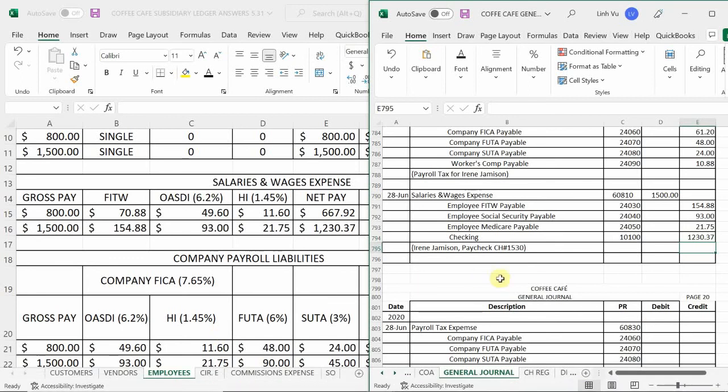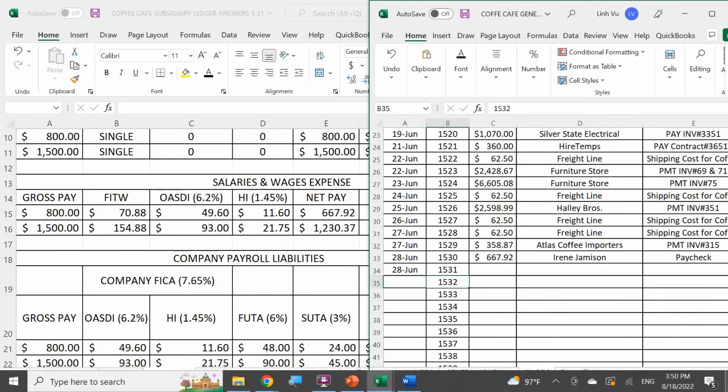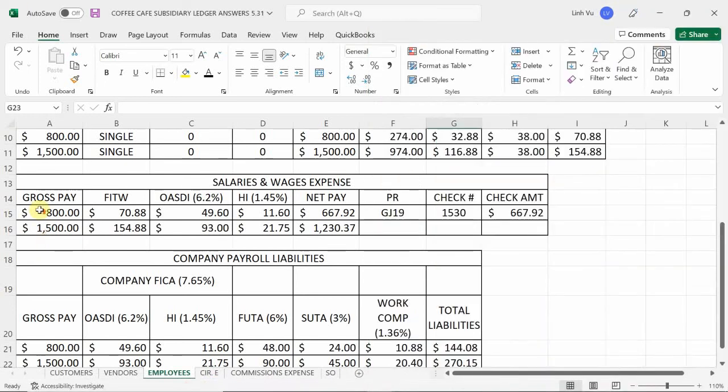Excellent. So we need to cut him a check. Oops, not for $1,500, but for $1,230.37. Yes, to Tim Harrison, right? Let's see what his name is.